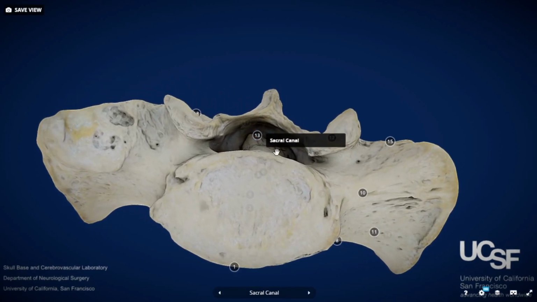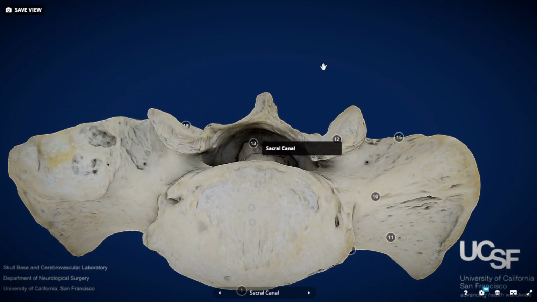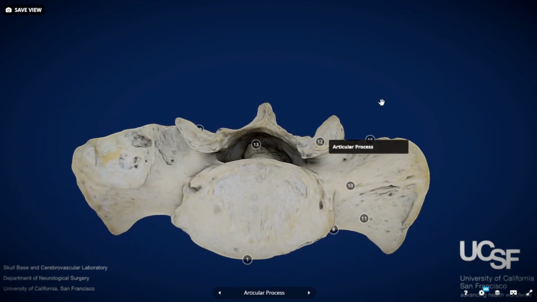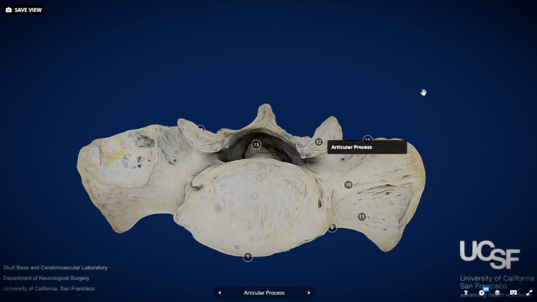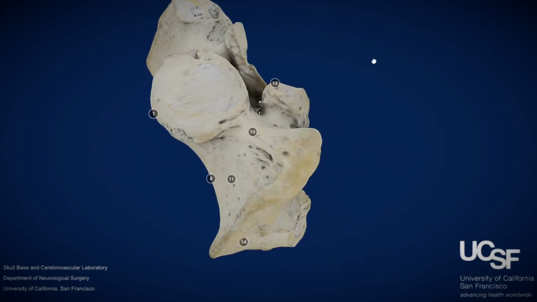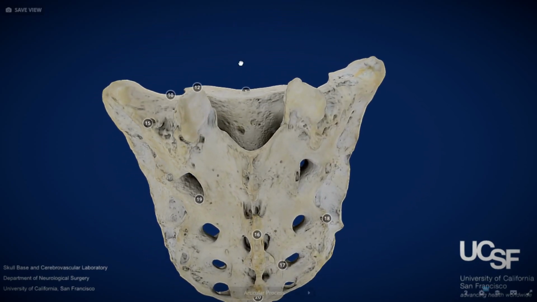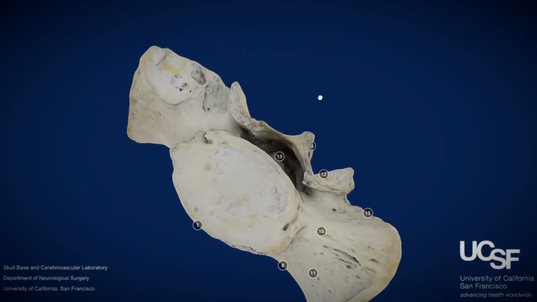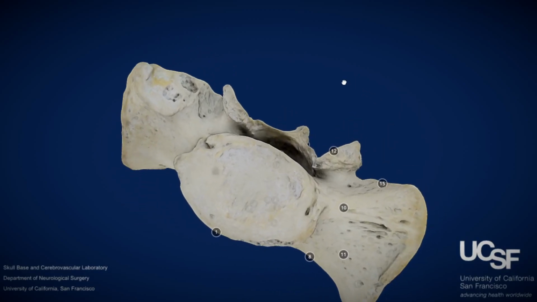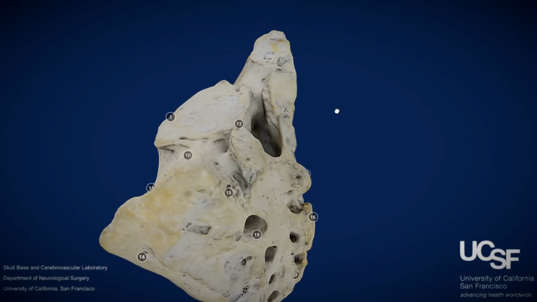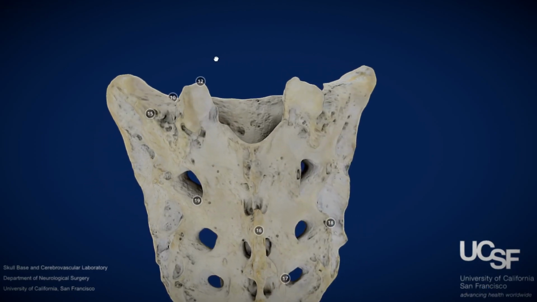Superiorly, we see the sacral canal, which is the continuation of the spinal canal or vertebral foramen. And we see the only articular process that is not fused, and that is going to match the inferior facet of the inferior articular process of L5.